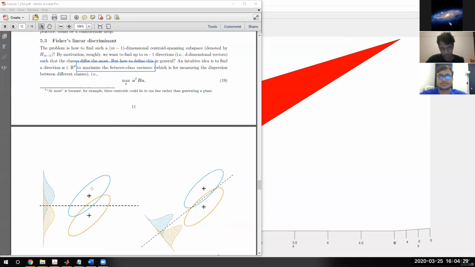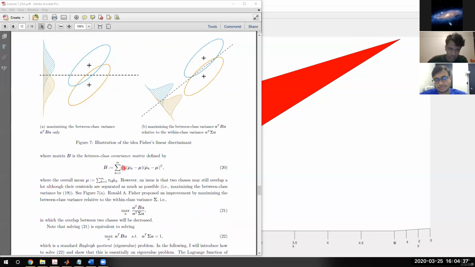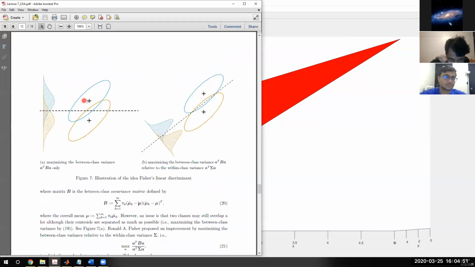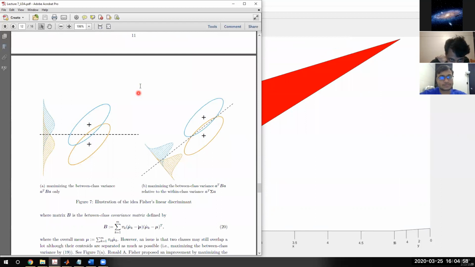Okay, so for example, the between class variance formally can be defined in this way, where pi k is the prior probability, and mu k is what? Mu k is the centroid of class k, and mu is the overall mean, the mean of all the data. Okay, so I'm gonna maximize this one, and this B is the between class covariance matrix.